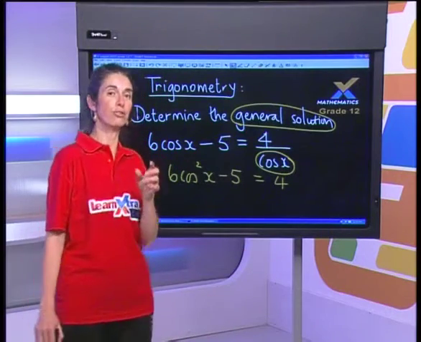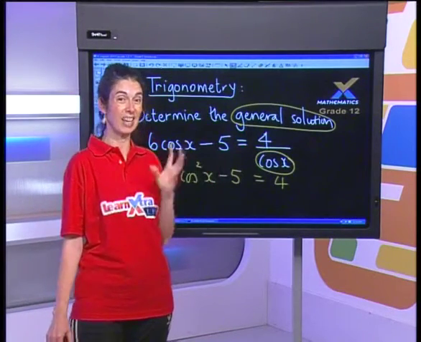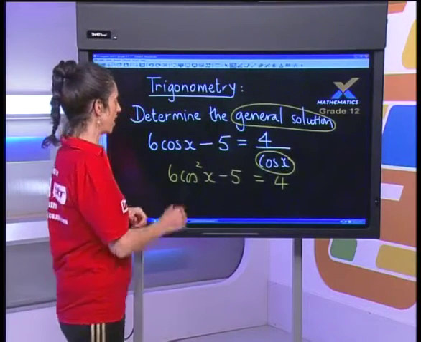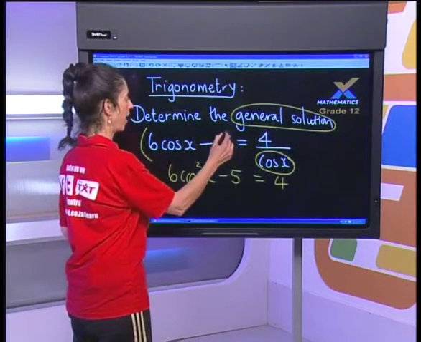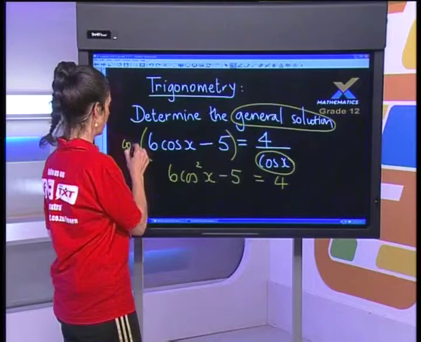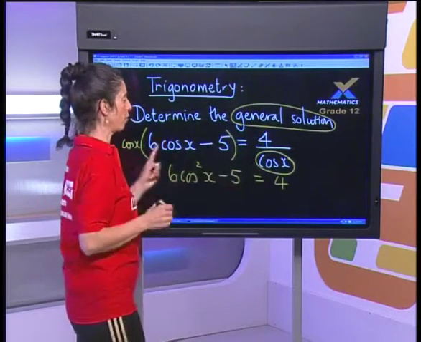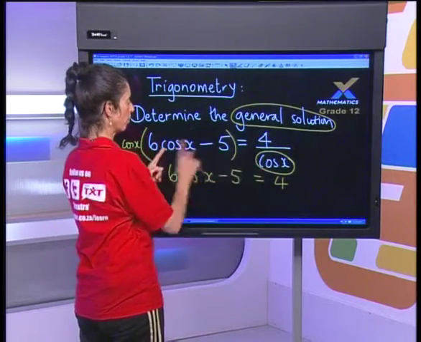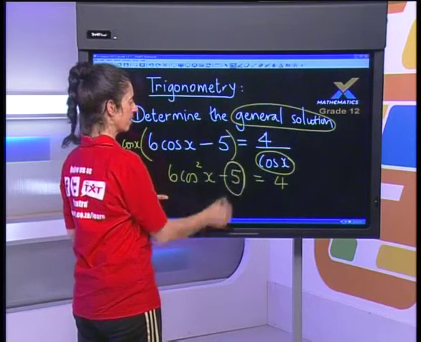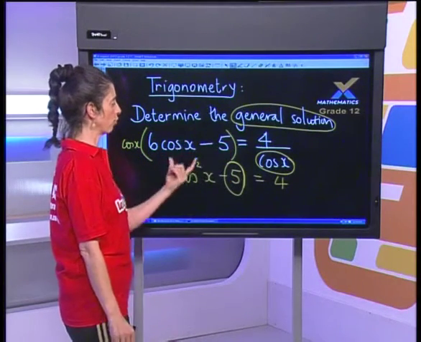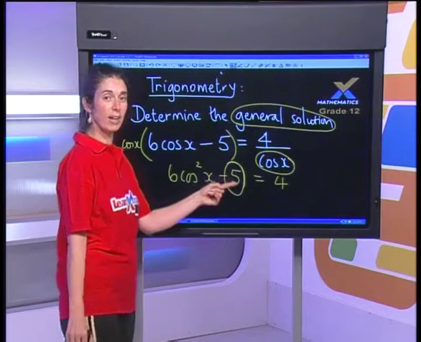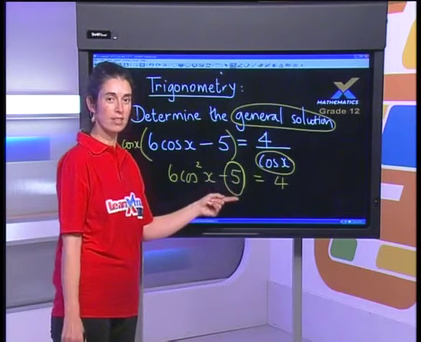But the yellow is definitely an error. You need to multiply both left and right by the cos x. Don't be tempted just to say I'm multiplying across, and forget that across means both terms, leaving the 5 not multiplied by the cos x as well.